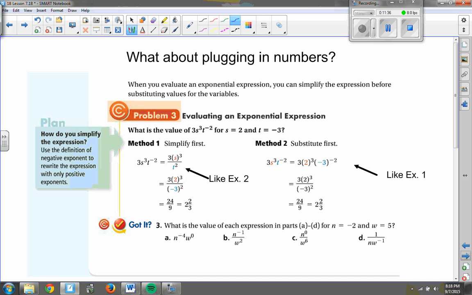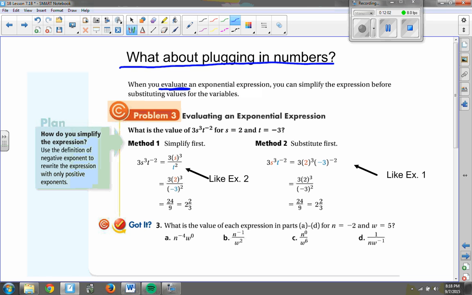Okay. Once we're comfortable with moving around all these variables, these x's, y's, n's, a's, and b's, with our negative exponents, now we are going to plug in numbers into those unsimplified expressions, okay? We are going to be asked to evaluate an expression.